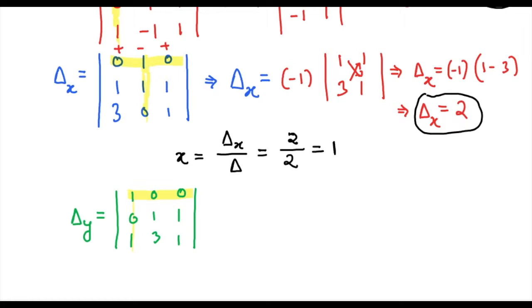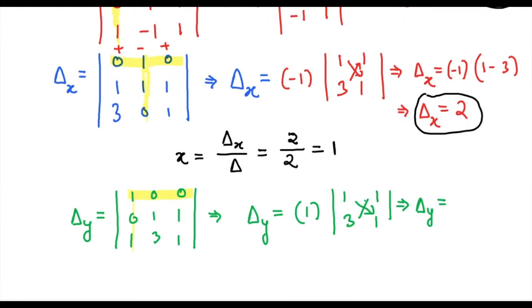Now you will get del y is equal to 1 into, leave the yellow portion, 1 1 and 3 1. So del y is equal to 1 into 1 minus 1 into 3, that means 1 minus 3.